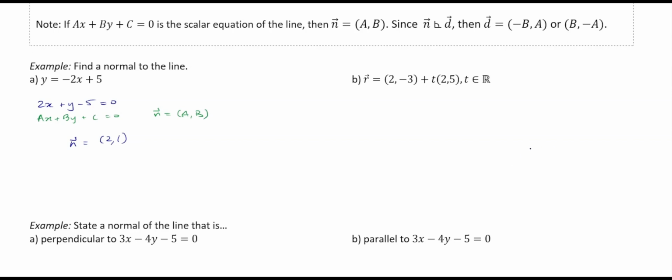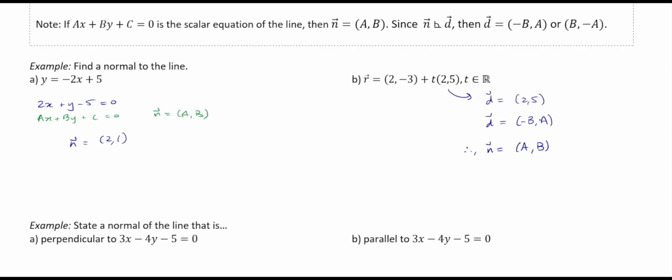Okay. Over here, instead of giving me a scalar equation of a line, they gave me a vector equation of a line, but they did give me the directional vector. And the directional vector here is (2, 5). But we defined over here that the directional vector has to have the components (negative b, a), because it is perpendicular to the normal vector of the line. Therefore, the normal vector is given as (a, b).